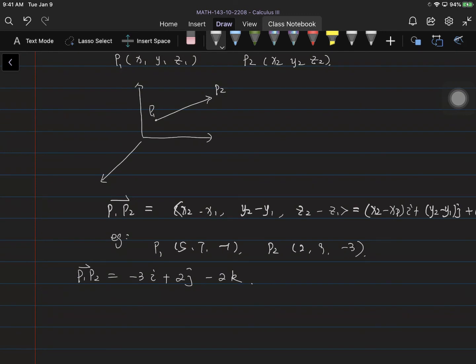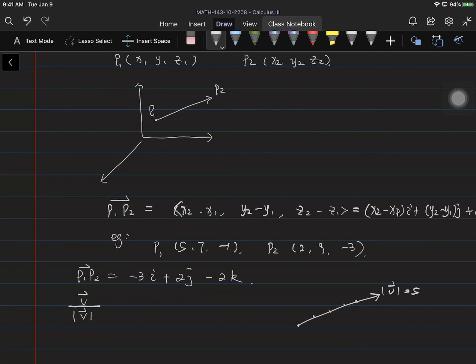Now let's see, for a general vector, how to find the unit vector. We know the vector v, how to find the unit vector? Just divide by the length. Because the vector has a length, for example, if the v vector has the length 5.